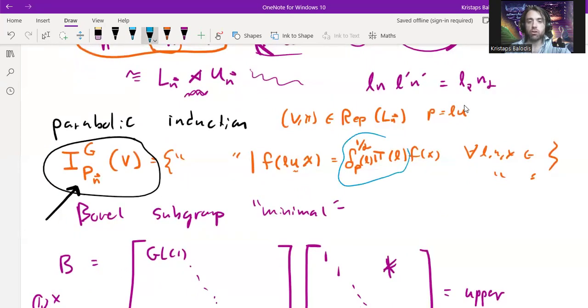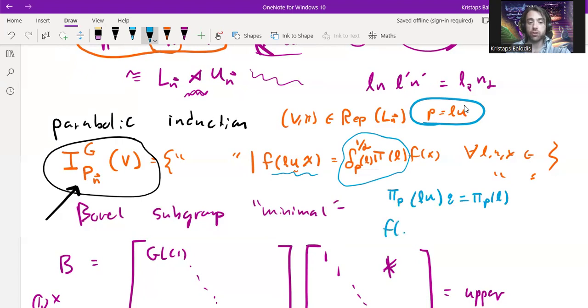We artificially extended pi_P to a representation of all of my parabolic, just by defining it to act on the first factor L. Another way I could have written this is that it factors as the character and then pi_P of P, of x.